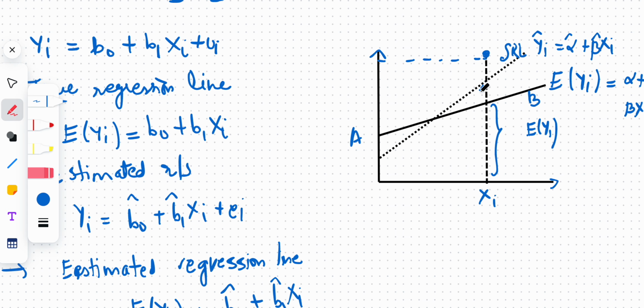This is my Y cap and this is my Ui cap, right? And this is my Ui.